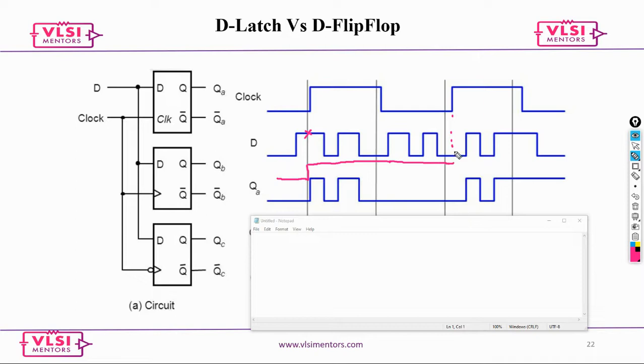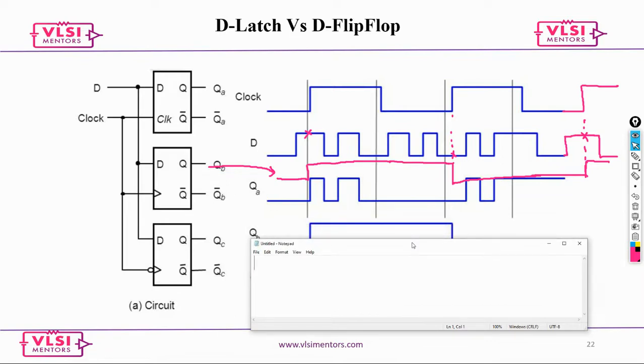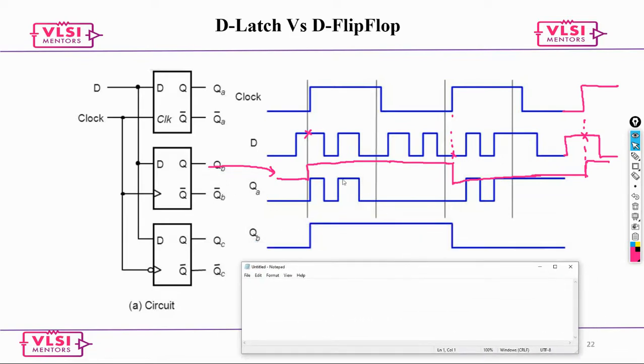Here it is low, and it is going to go all the way till your next edge. Now this is the time where it is 1, and it is going to go like this. So your flop output is going to be something like this. Got it?